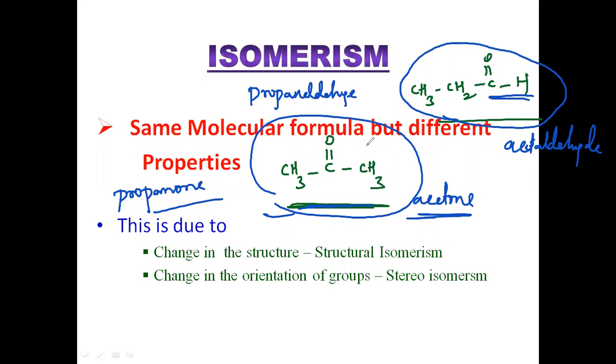The functional group is different. But you can check the molecular formula, and both are the same: three carbons, six hydrogens and one oxygen, so C3H6O. The molecular formula is the same, but they are different in their properties. This acetone has the ketone functional group, and the other has the aldehyde functional group.